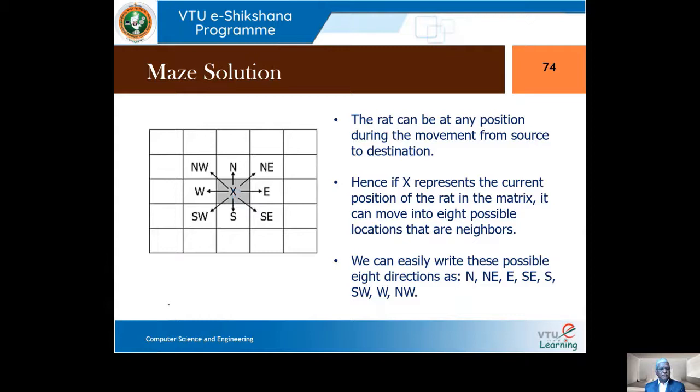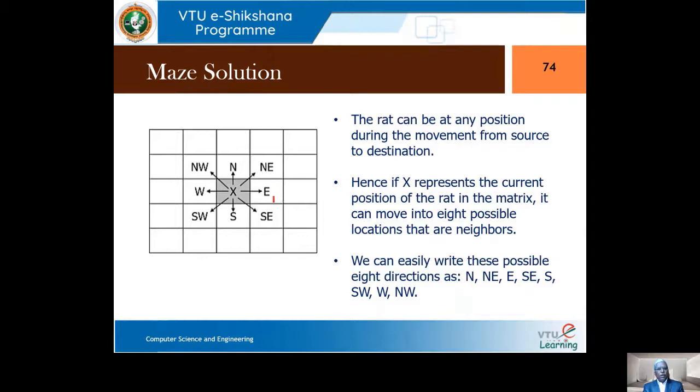From this current position, the rat can move in the upward direction, which is north, or east, west, south, northwest, northeast, southeast. So there are how many? 8 possible directions to which the rat can actually move. These are the possibilities.